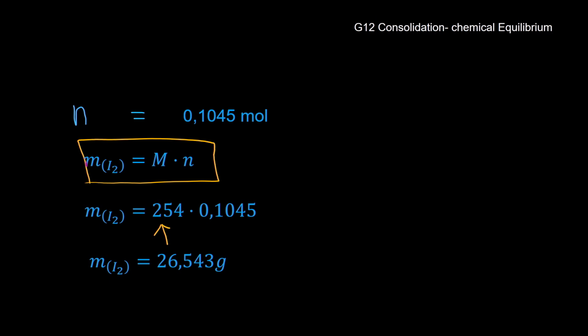We times it by the number of moles that we have calculated, and we end up with this answer. So the mass of iodine molecules involved in this equilibrium reaction is 26,543 grams. That was a massive question.